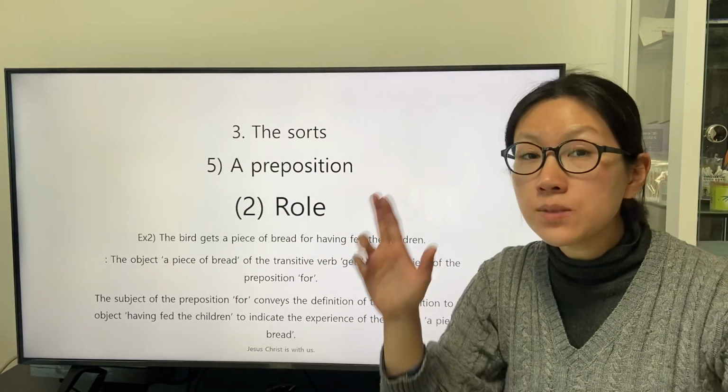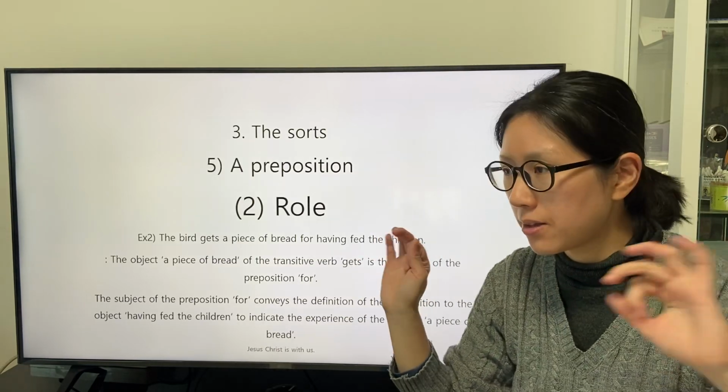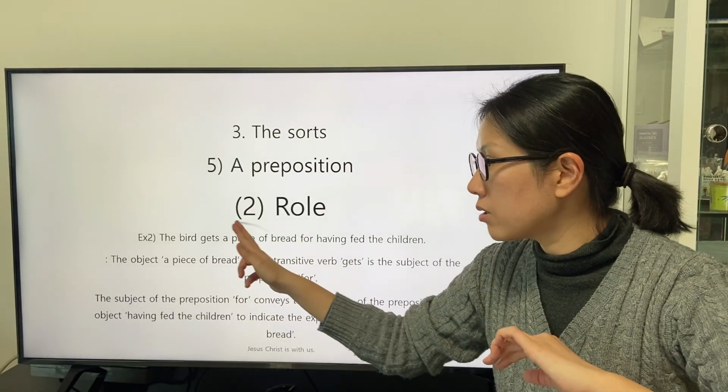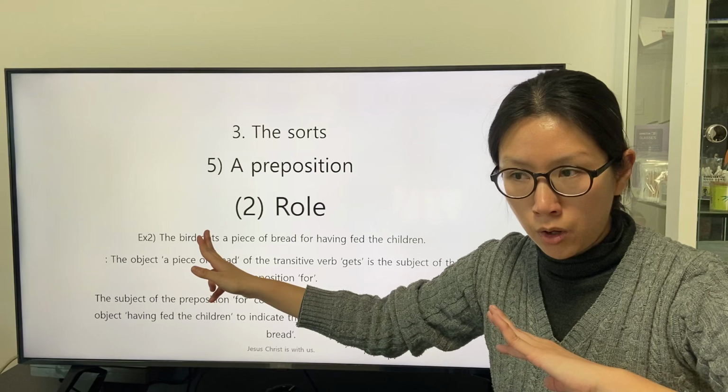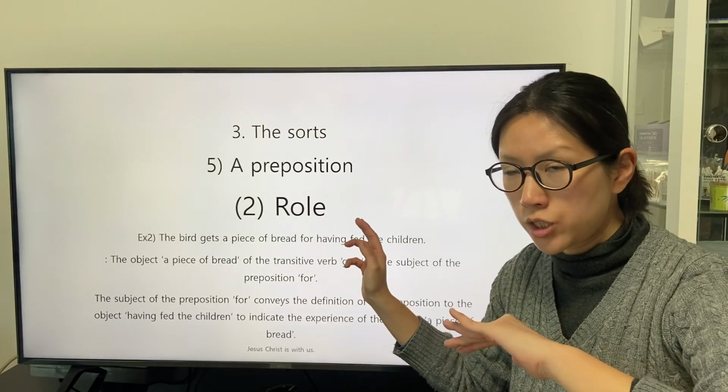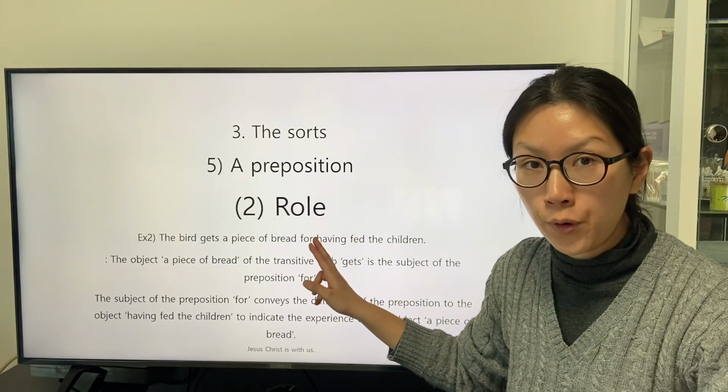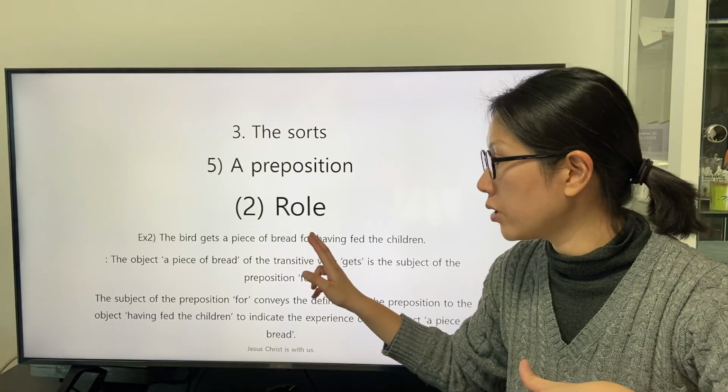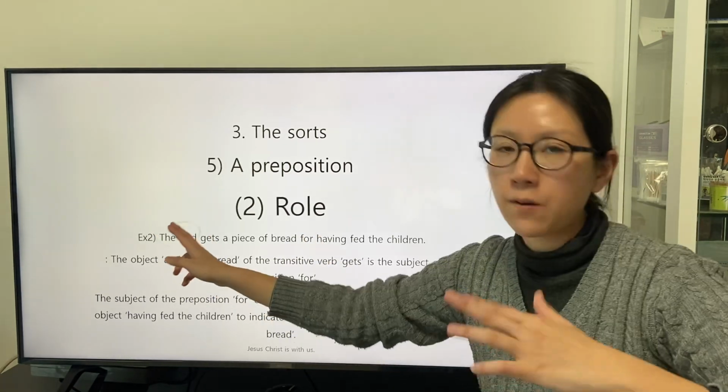Then, at this point, we can understand that there is a genuine subject for the preposition for, that is the subject of this clause.